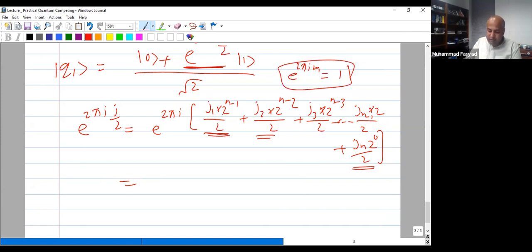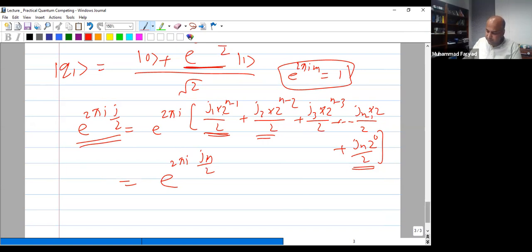So it means this phase is actually just equal to 2 pi iota jn by 2. That is, this phase is now only dependent on the last qubit of the J state instead of every qubit.